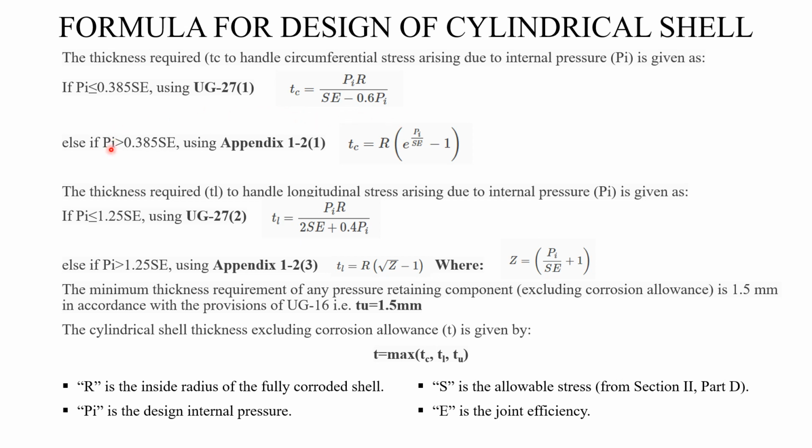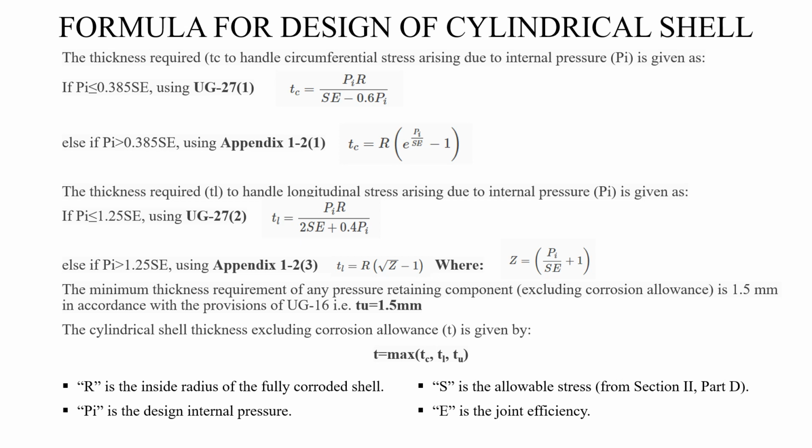Otherwise, if your internal pressure is more than this value, you have to use the Mandatory Appendix 1-1 formula, that is Tc equals R times (e raised to the power of Pi divided by SE, minus 1). Pi is internal pressure, S is the allowable stress, and E is the joint efficiency. So this is the thickness due to circumferential stress.